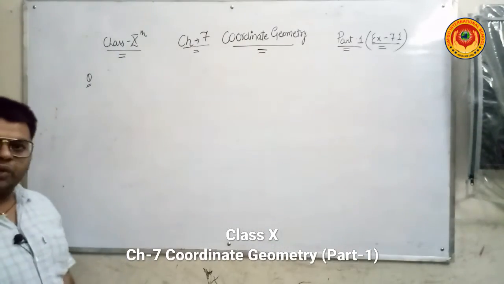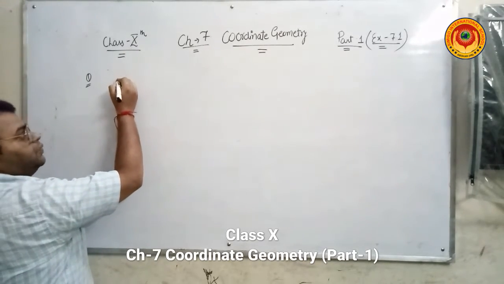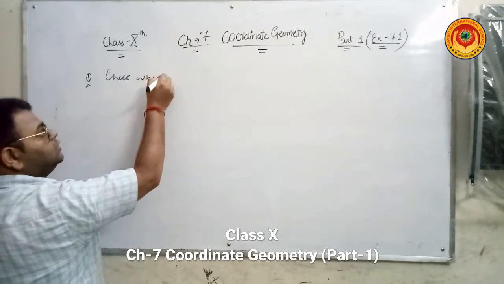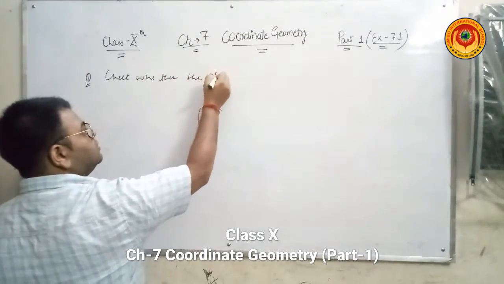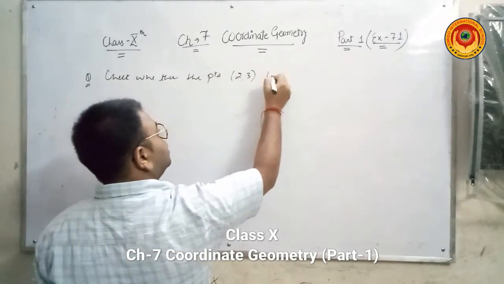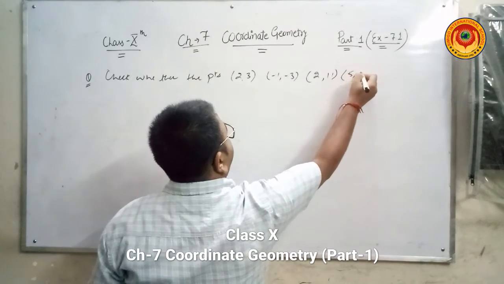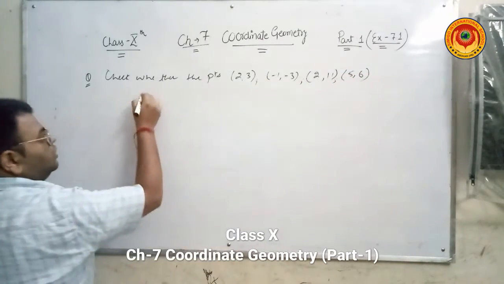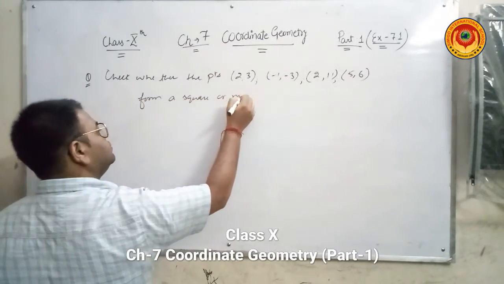Now some important terms we are going to discuss. Suppose your question is: check whether the points (2, 3), (-1, -3), (2, 11), (5, 6) form a square or not.